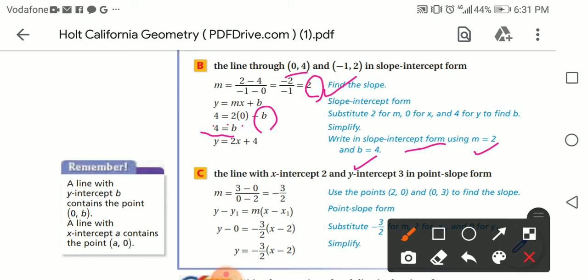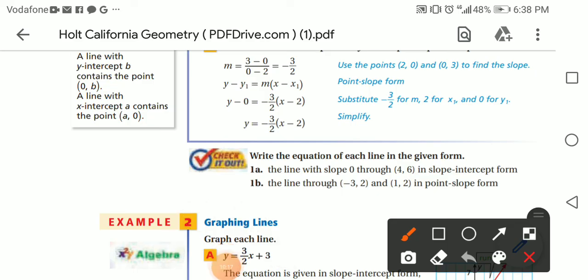It's easy now. After substituting 2 for m and 4 for b, okay, easy now.